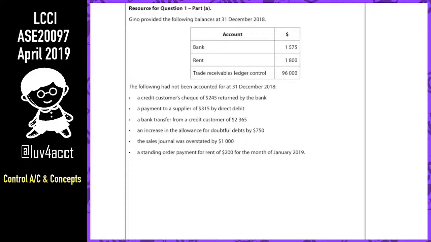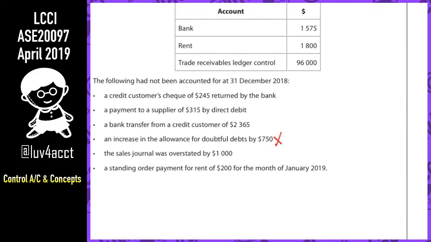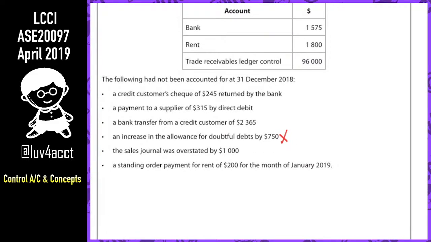So this is not related to the control account nor the bank account. Next, the sales journal was overstated by 1,000, so we have to reduce the amount of trade receivables. And then standing order payment for rent. A payment, and it is for the month of January, for next month. But then it is a payment, so we have to put it into the bank account.